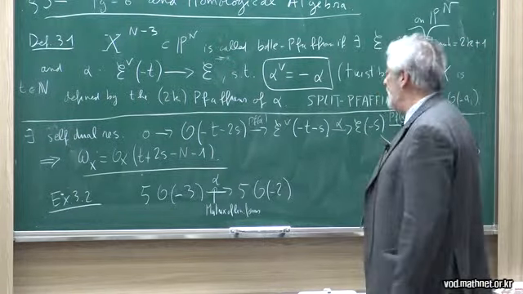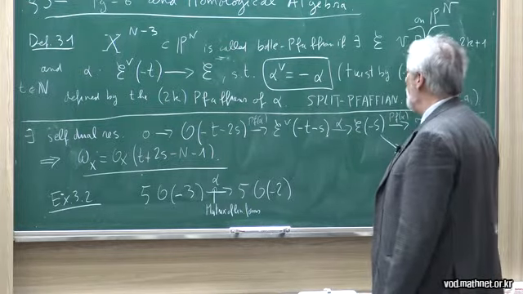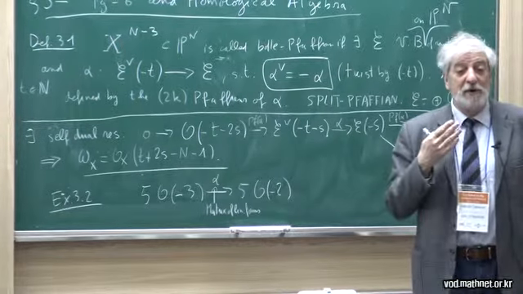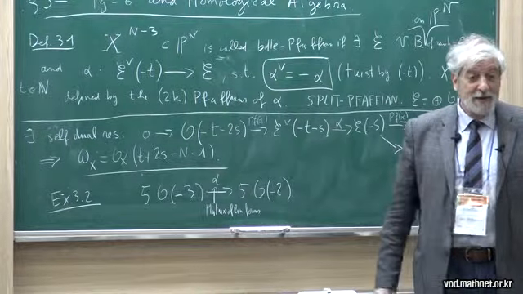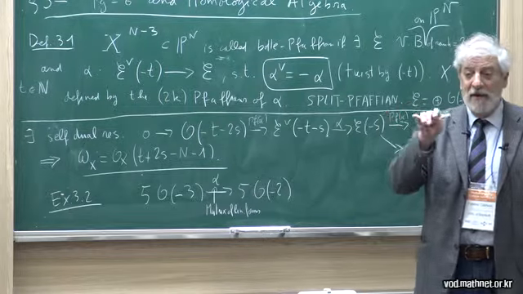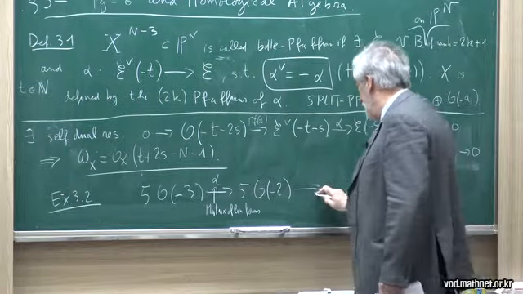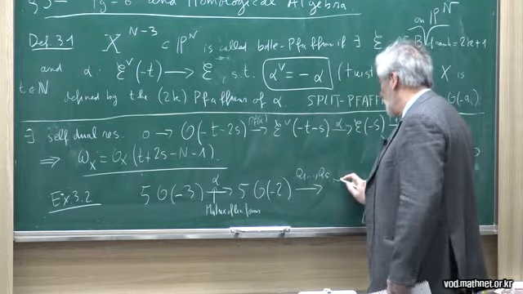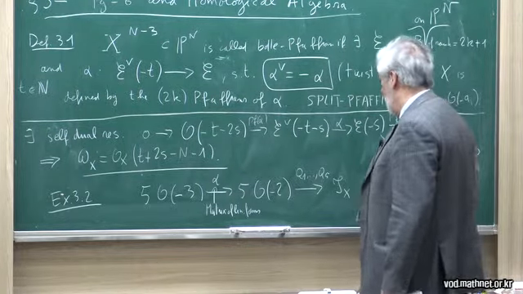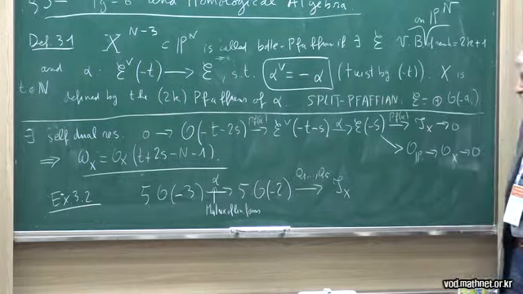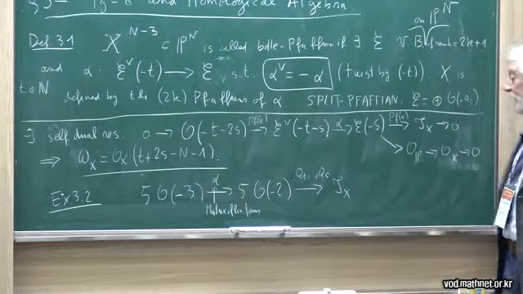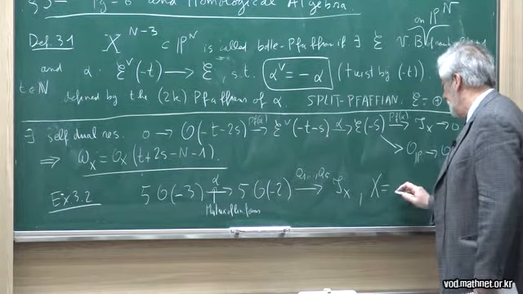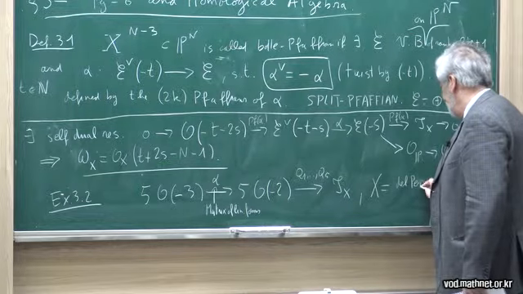The determinant is of degree 4, but the Pfaffian is a square root of the determinant, so it's given by a polynomial of degree 2. So there are 5 principal minors, and so this is given by Q1 to Q5, and this goes to the ideal of X. So this is now generated by 5 quadrics, and the upshot is that X is a del Pezzo of degree 5.